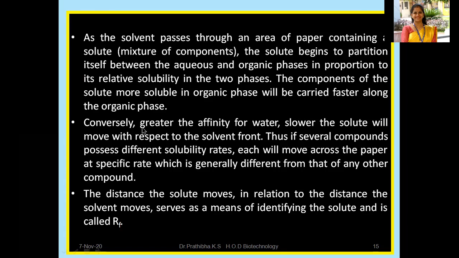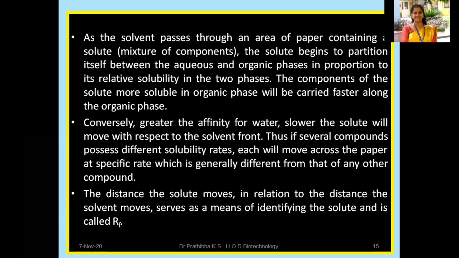Conversely, the greater the affinity for water, the slower the solute will move with respect to the solvent front. Thus, if several compounds possess different solubility rates, each will move across the paper at a specific rate, which is generally different from that of any other compound.